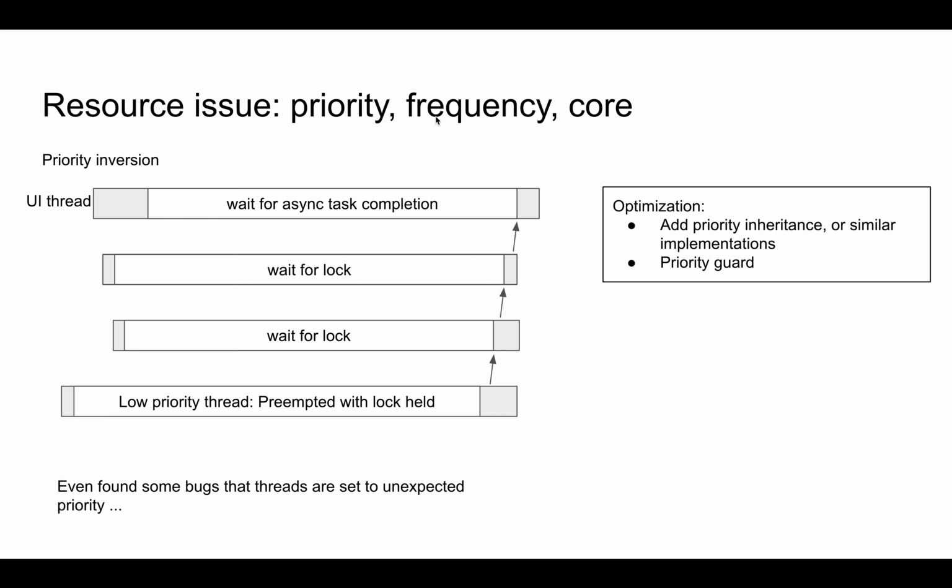Then let's take a look at priority inversion in complex situations. The UI thread is waiting for some async task to complete, and the async task is waiting for a lock when executing. There are lots of waiters at the front of the async task. The lock owner has been preempted for a long time because of low priority. We can see that priority inversion happens.